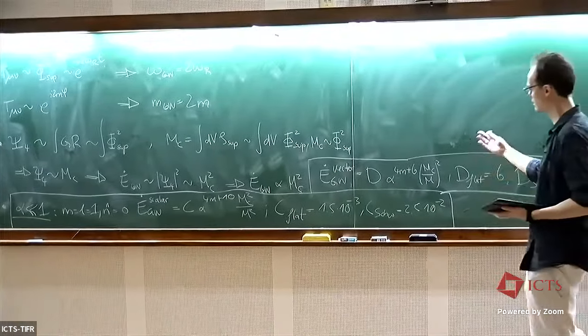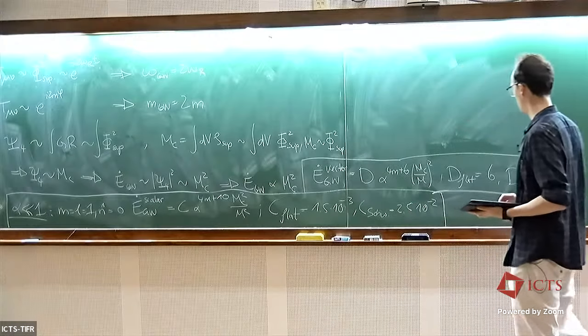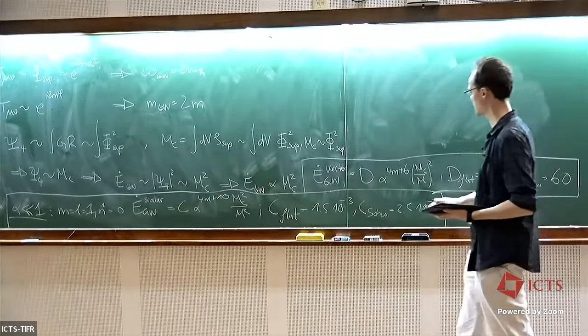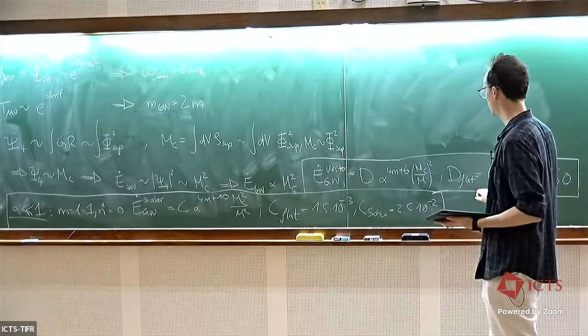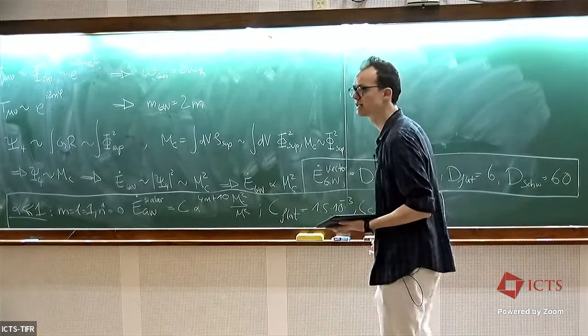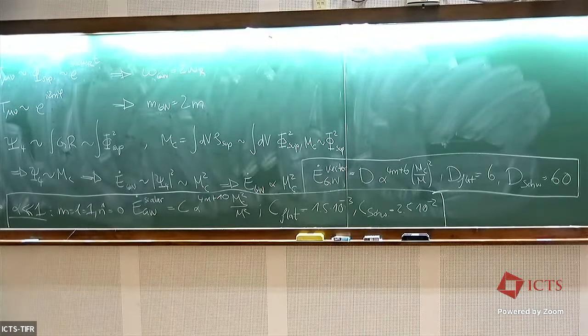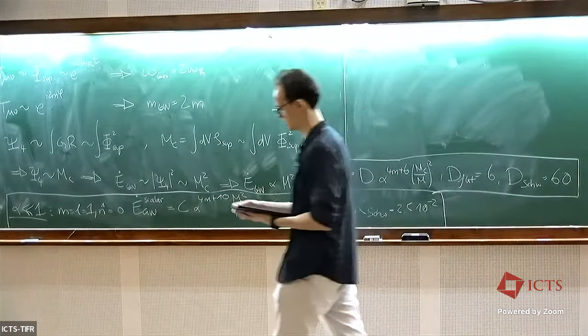And the results you get kind of look qualitatively the same. It's just that the final expression looks slightly different, so you have a different numerical number, but you also have a different scaling in alpha. And what this different scaling will imply is that the total energy flux from a vector cloud is much, much larger than the energy flux from a scalar cloud, and therefore the gravitational wave amplitude is much larger.